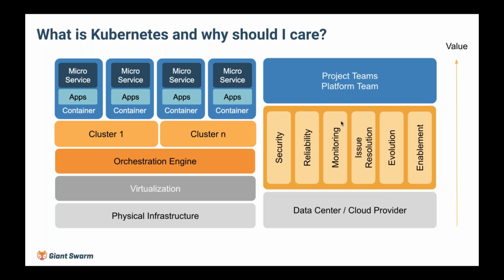As you can see on the right hand, I drew a little arrow that shows, let's say data centers and the physical infrastructure is something that is very, very generic. So it doesn't provide a lot of value in terms of differentiation. Running your own data center might cost less or more depending on what kind of applications you run and how you actually perceive the future of your company and so on and so forth.